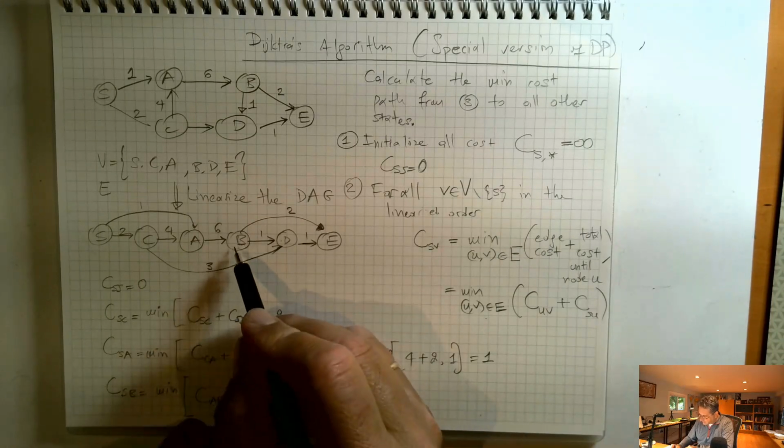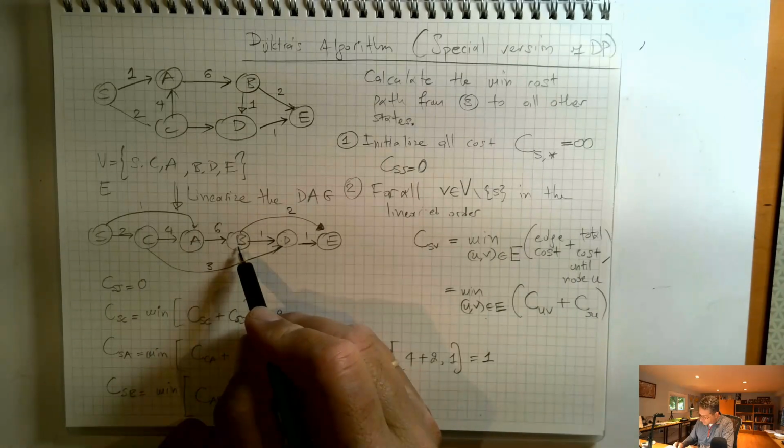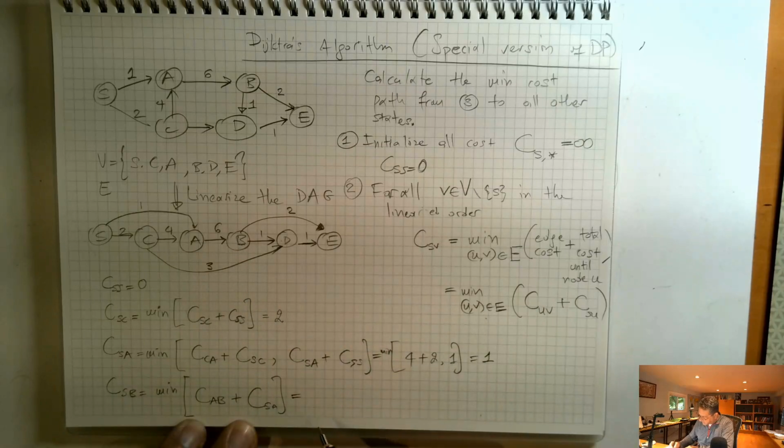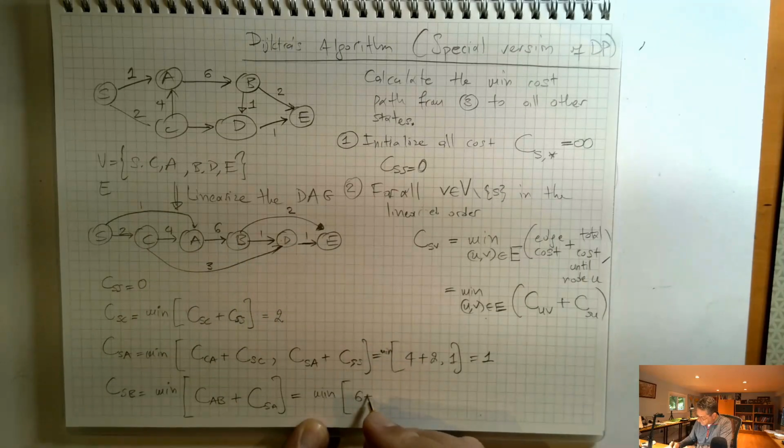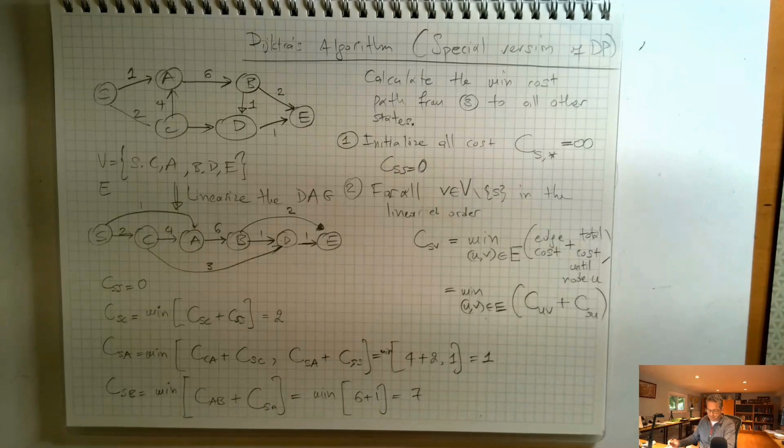There's nothing else going into B. So now that we have that, it is the minimum of A and B. A to B is 6 plus 1, so the final answer is 7. And so on and so on.